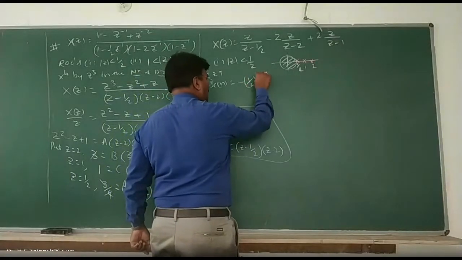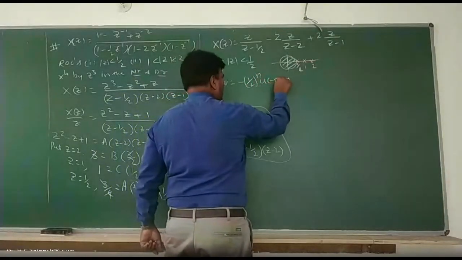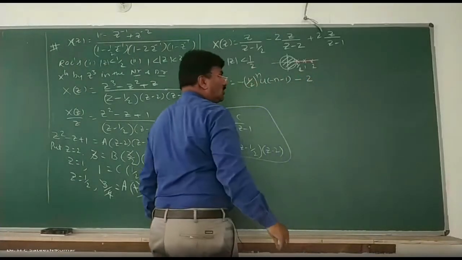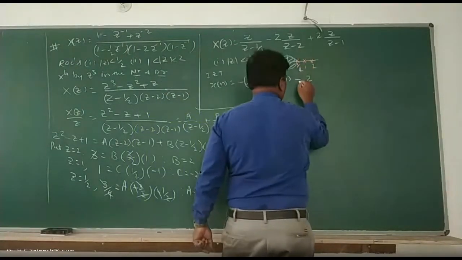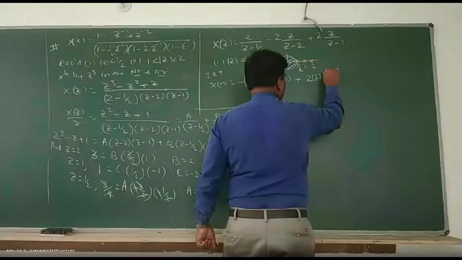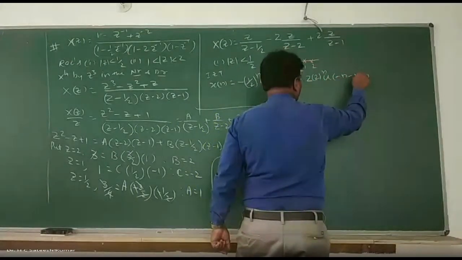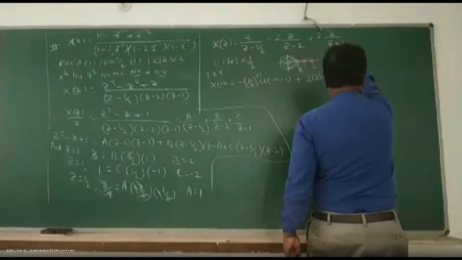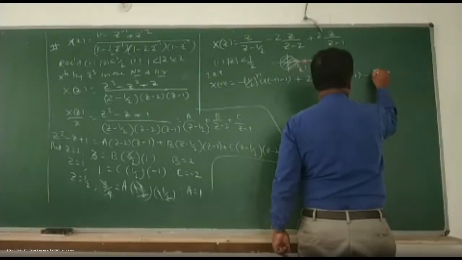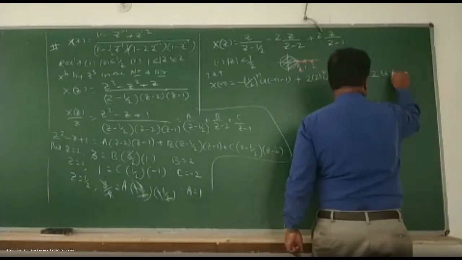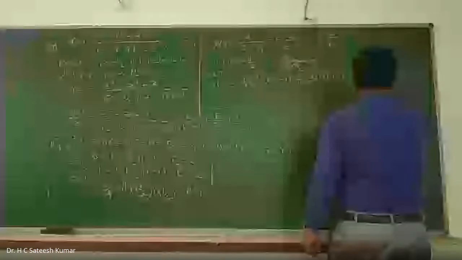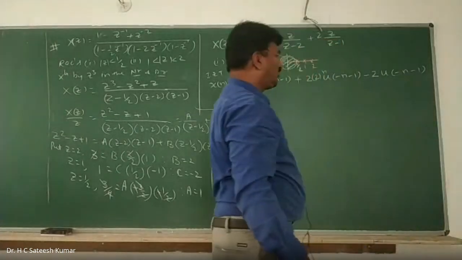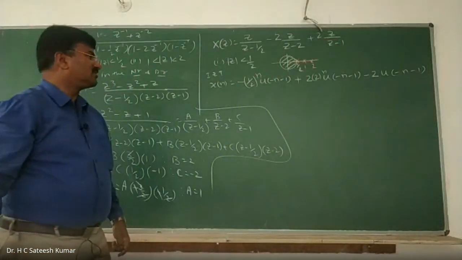Minus half to the power of n into u of minus n minus 1, minus 2 into minus of 2 to the power of n, therefore, plus 2 to the power of n into u of minus n minus 1, plus 2. Left hand means minus 2 into u of minus n minus 1. This 2 is constant. Inverse z transformation of z divided by z minus 1 is minus u of minus n minus 1 for left-handed sequence.